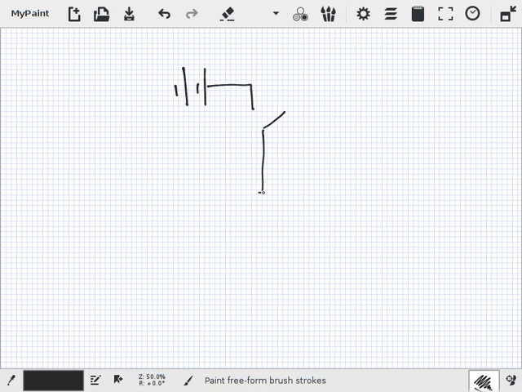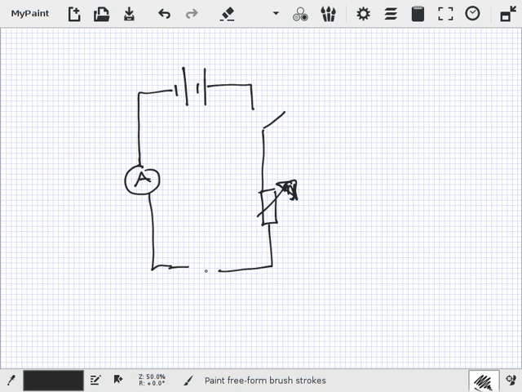Then you would have something like a variable resistor here, for example, and then an ammeter here, or something like this. It doesn't have to be exactly like this. And then this would connect up to your resistor, and there'd be a voltmeter here.